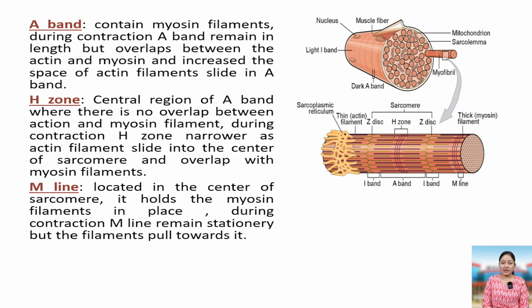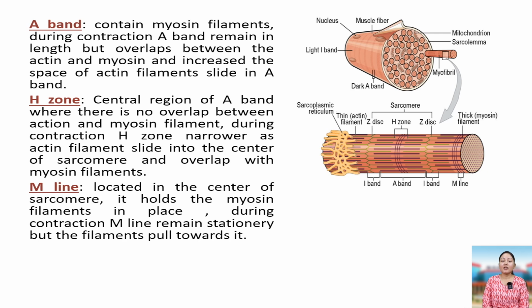And the H zone is present in the center region of the A band, where there is no overlap between actin and myosin filaments. Now what happens during contraction? The H zone becomes narrower as actin filaments slide into the center of the sarcomere and overlap with myosin filaments.